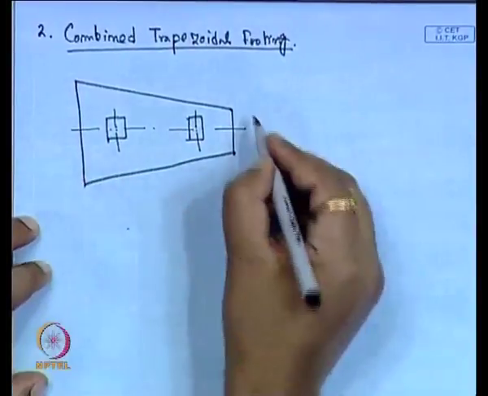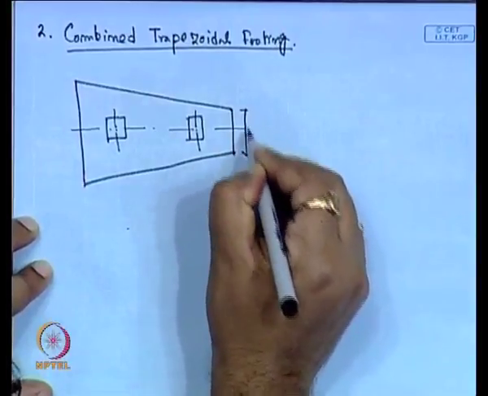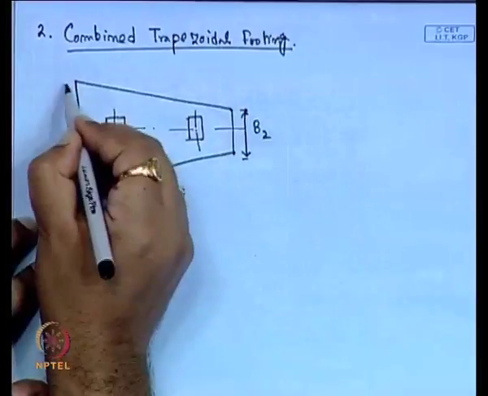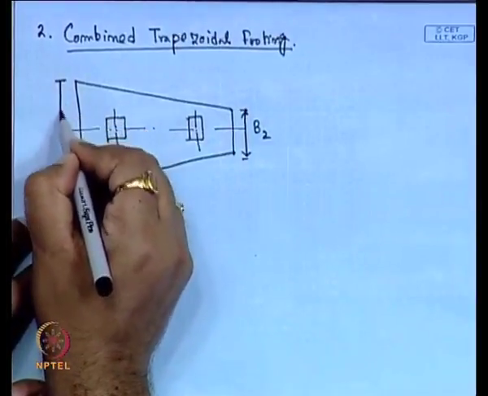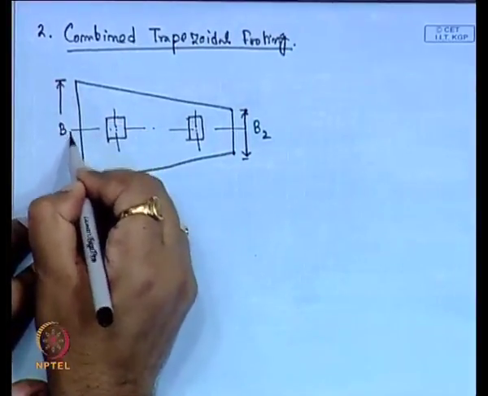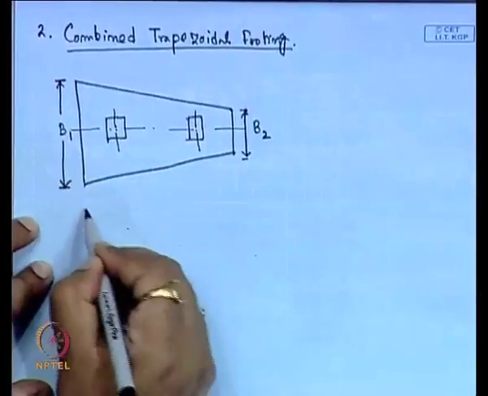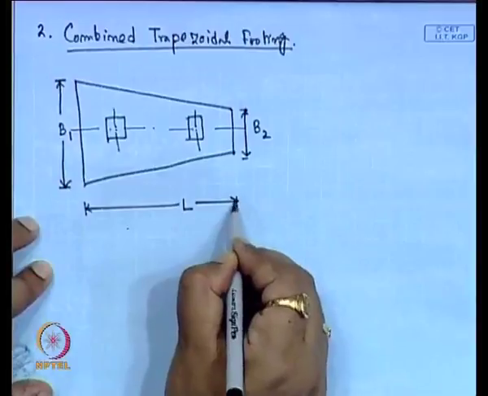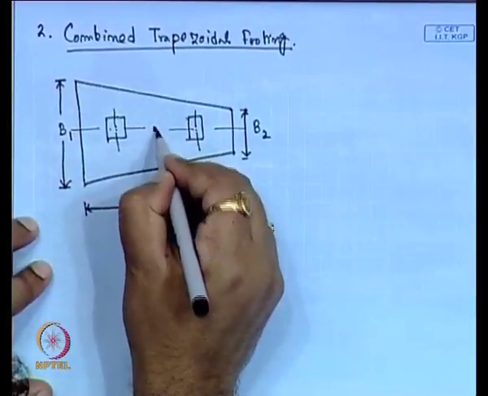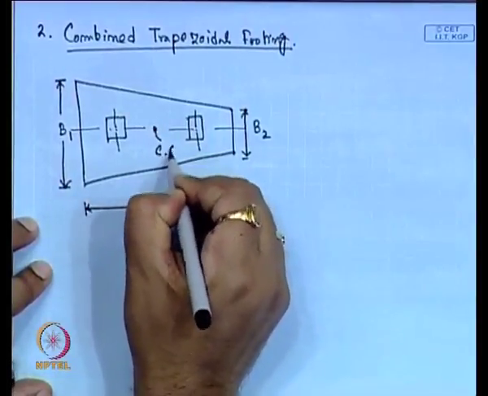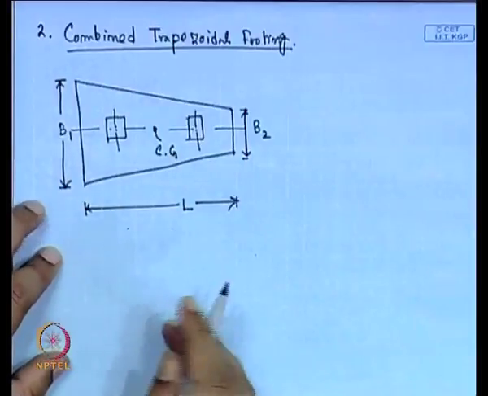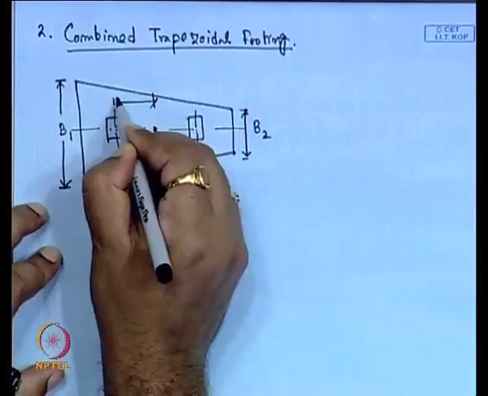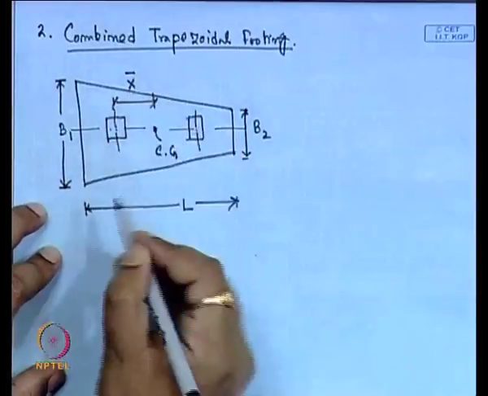Suppose this side dimension is B2 and this side dimension is B1, the total length is capital L, and this is the CG of the trapezoidal footing, and the CG to first column distance is x bar.